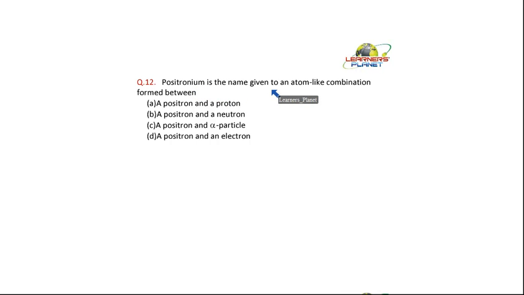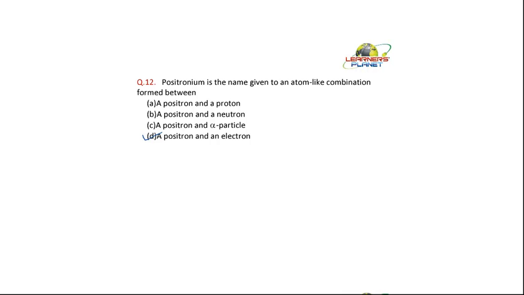Positronium is the name given to an atom-like combination formed between, what is it, positronium? Have you done it in your classes? Positronium is a name given to a system which contains an electron and a positron.